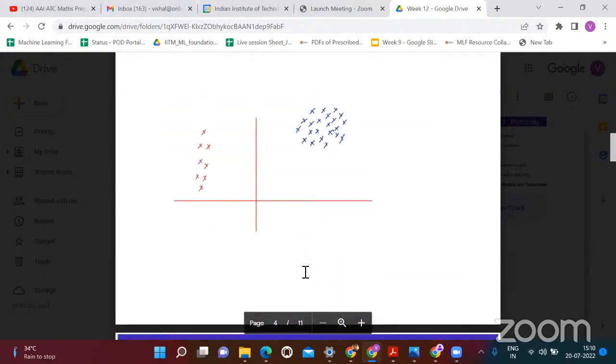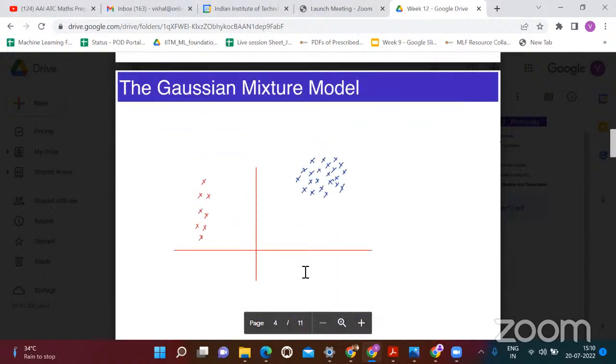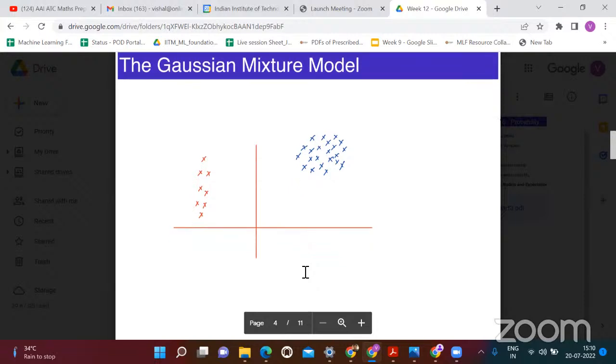Okay, so here for example I was having this cluster. If you have just plotted this data set, you can directly say this. But if you have been given the color coding also, for example one cluster is red and one cluster is blue, then you can directly say, okay, this is coming from the red cluster and this is coming from the blue cluster. Or if you know the parameters of the cluster, you can directly say.